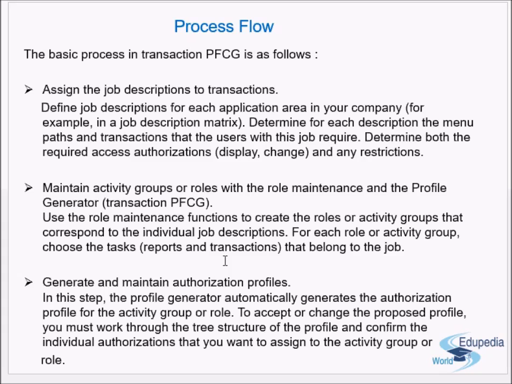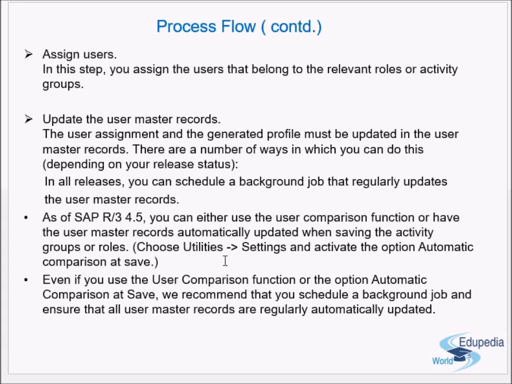You save it. The next important thing is you generate a profile. For the defined tree structure, you have to generate a profile, which is done automatically using the generate profile option. Then you finally assign the users to this role. And the other important thing is you have to update the user master records. All the users assigned to this role should get all these authorizations the next time they log in.